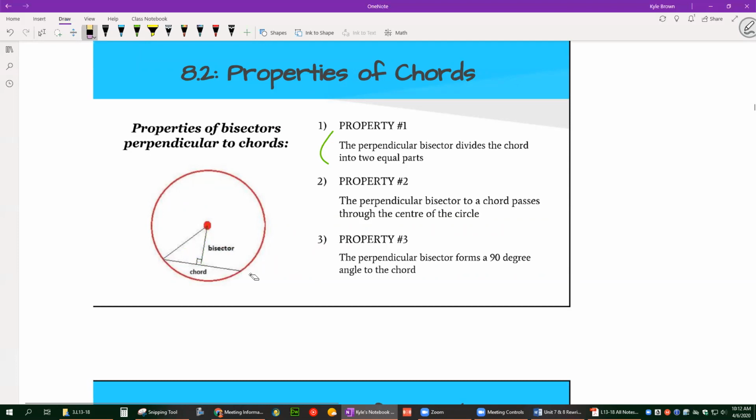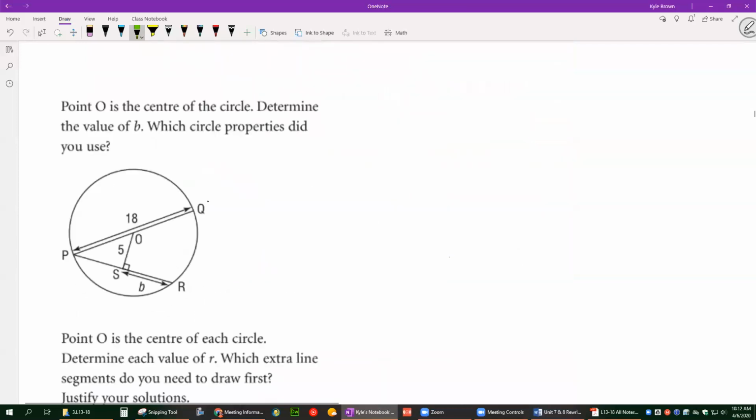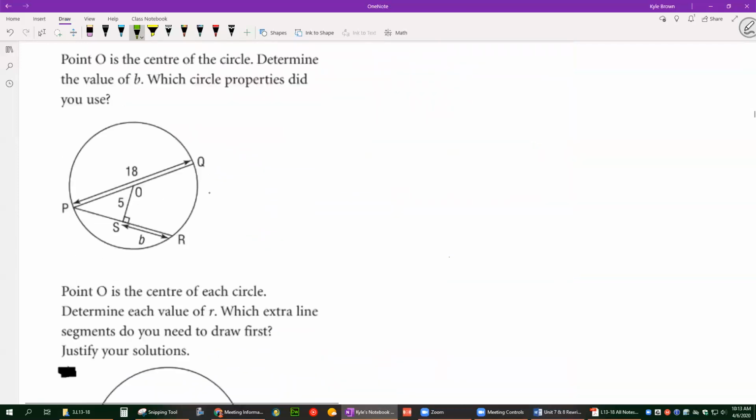It says the perpendicular bisector to a chord passes through the center of the circle. So it just means that it starts there, right? And it goes there. So it starts in the center of the circle and comes down to the chord. And then property number 3, the perpendicular bisector forms a 90-degree angle. So it's perpendicular, right? That's what we just talked about.